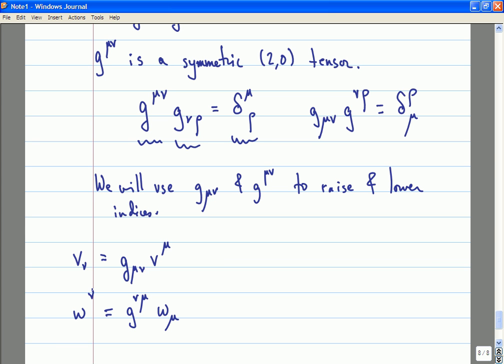In your classes on multivariable calculus, for example, and in your previous physics classes, you have not been careful to distinguish between upper and lower indices. Why did it not matter? It didn't matter because you had a flat metric, which was the identity matrix, which meant that you could raise and lower indices using this rule at no cost.